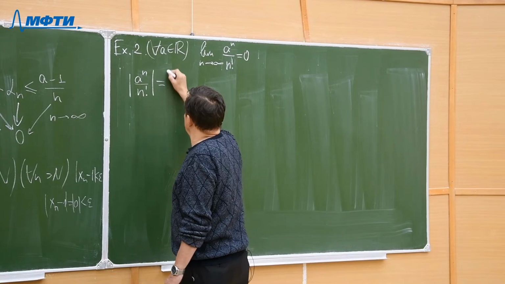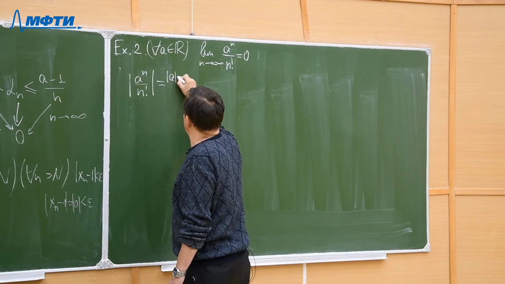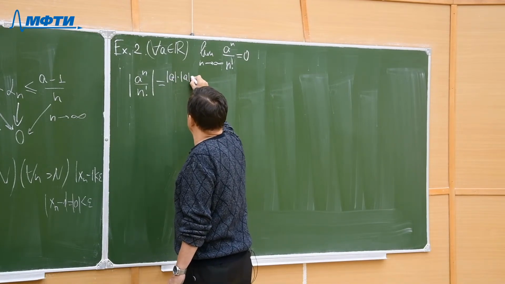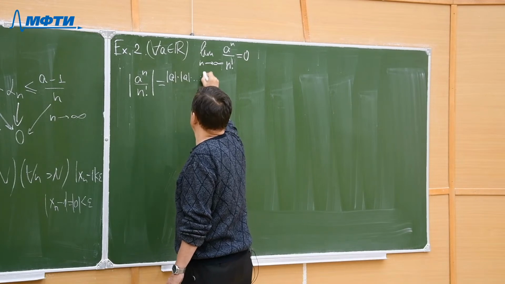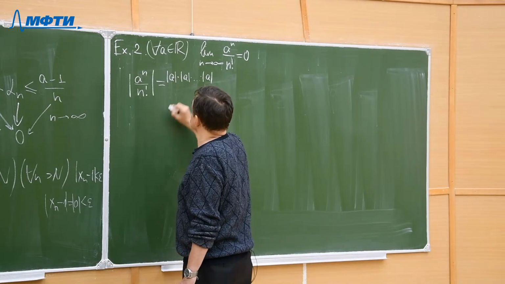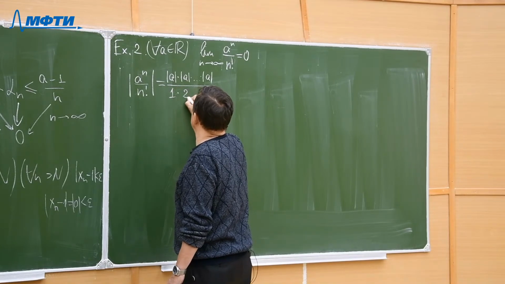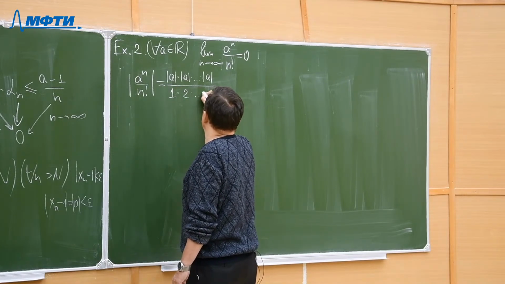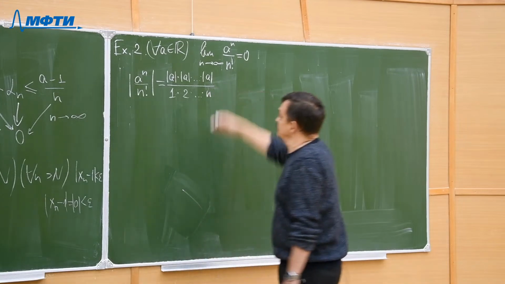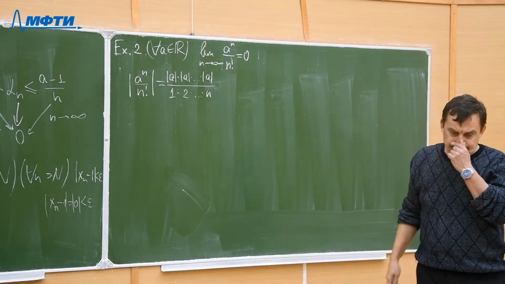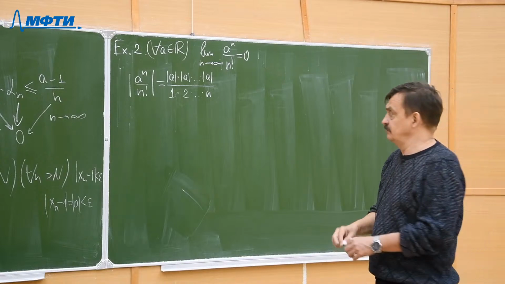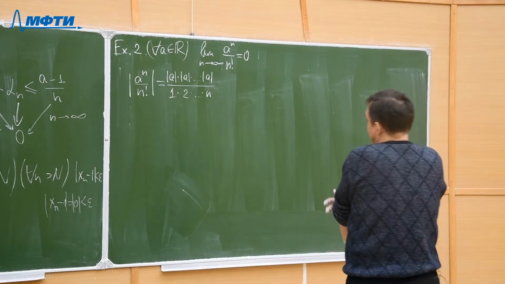So we may rewrite it as modulus a times modulus a, so on, n times, over 1 times 2 times so on times n. The same number of multipliers in both numerator and denominator.